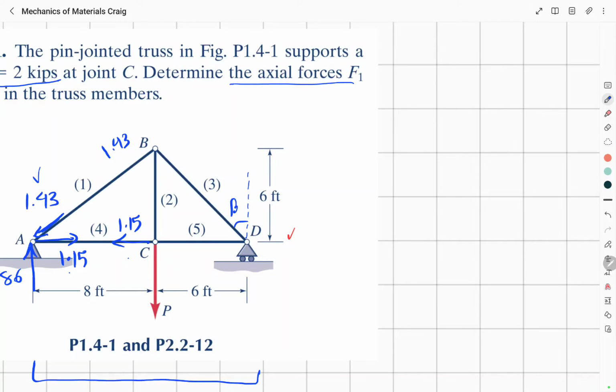So cosine of beta is 6 over this length, 6 multiplied by square root of 2. So cosine of beta is equal to 6 over 6 multiplied by square root of 2, which is square root of 2 over 2.